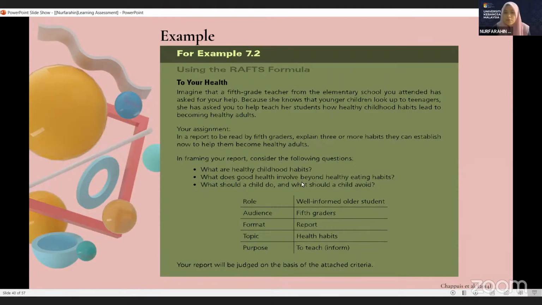Using RAFTS, the role is a well-informed older student, audience would be fifth graders, format would be report, topic would be health habits. Just reflect back on this statement on assignment. And then purpose is to teach and inform. So your report or your assessment should be judged on the attached criteria.